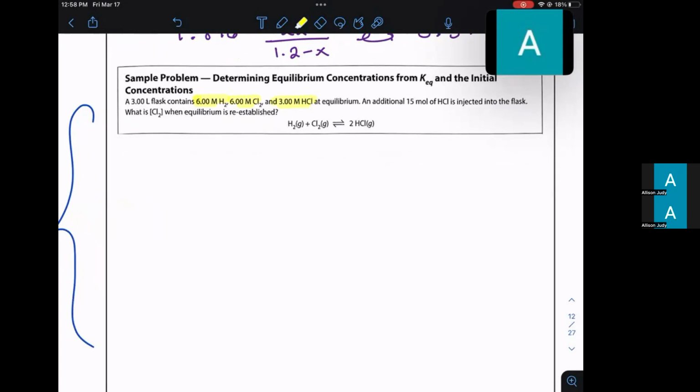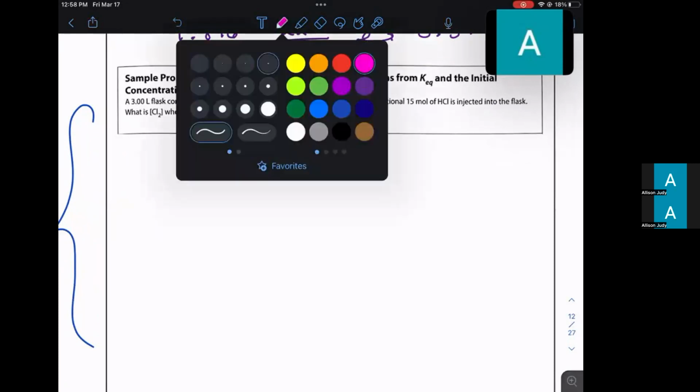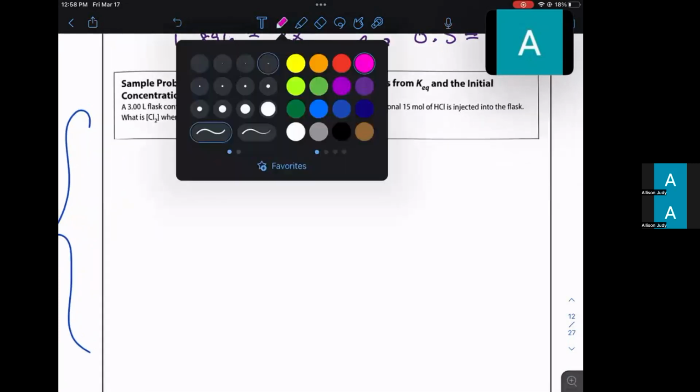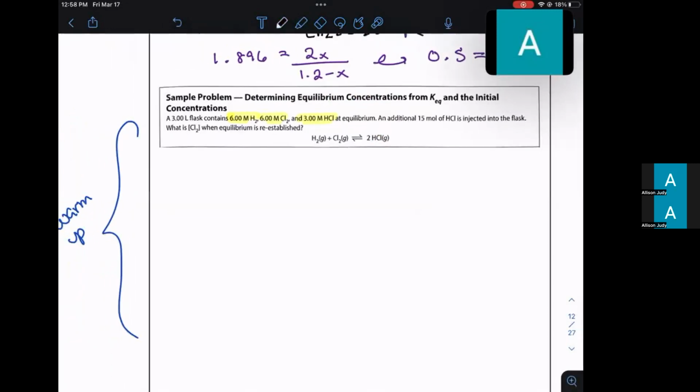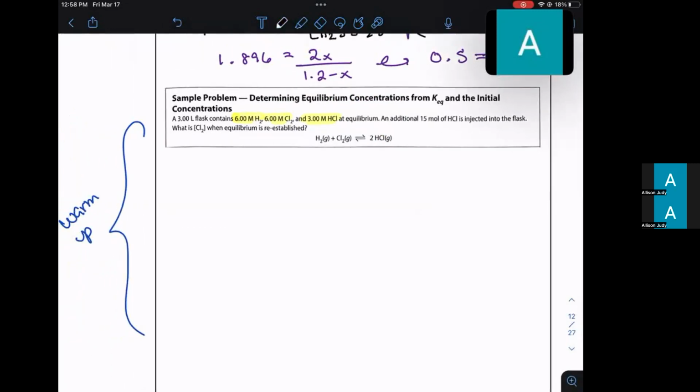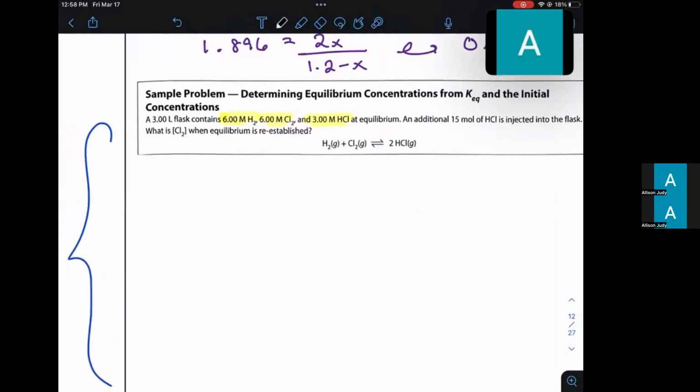We might as well calculate it. Although if you think about this, you can just use the straight up ratios. There's going to be half as much HCl at equilibrium as there is either H2 or Cl2. We know that these ratios will be preserved, 6:3 or just 2:1.